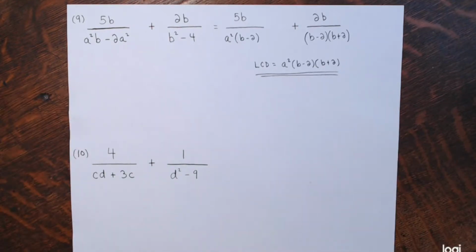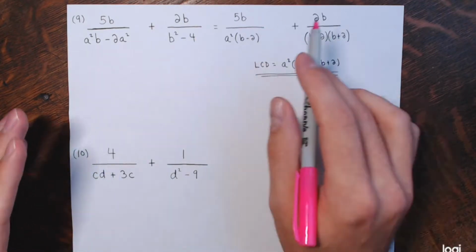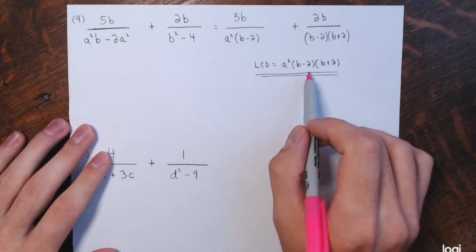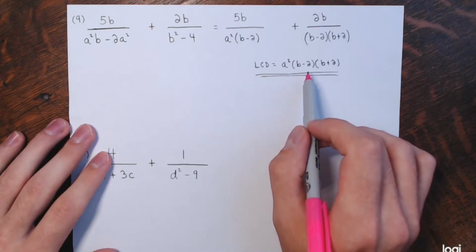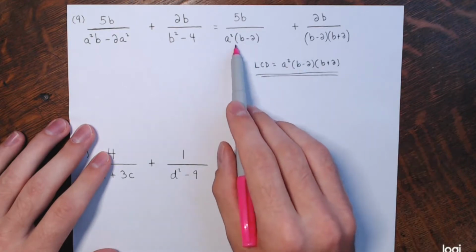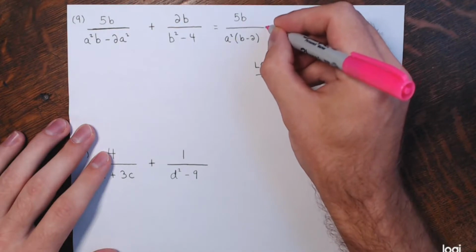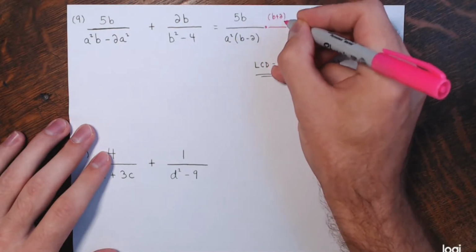So once again, I'm going to rewrite each fraction so that this is the denominator of both fractions. So the only factor missing in the first denominator is b plus 2. Right? So I need to multiply the numerator and denominator of this by the quantity b plus 2.